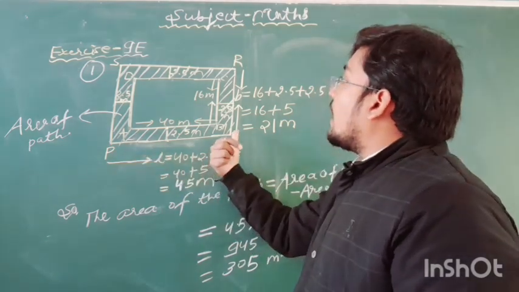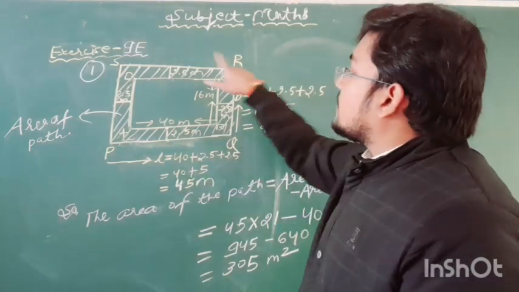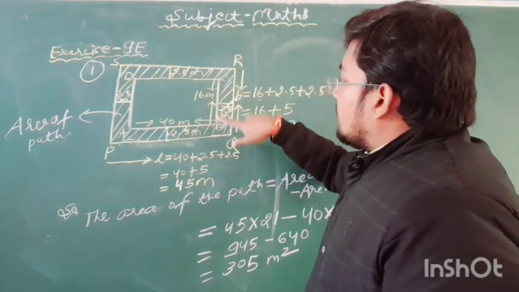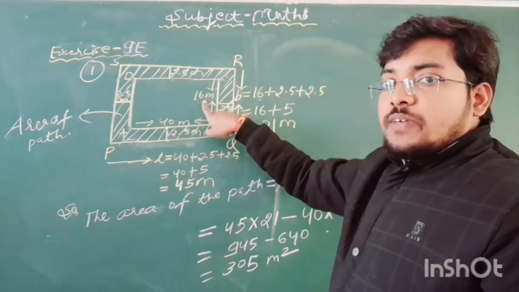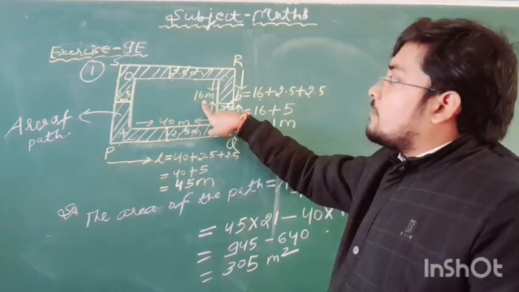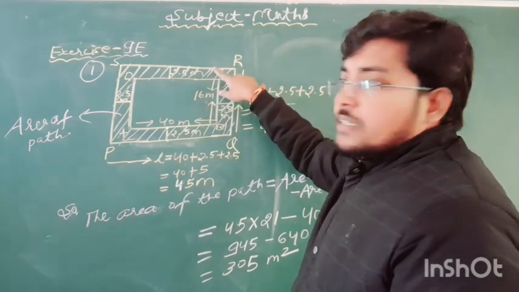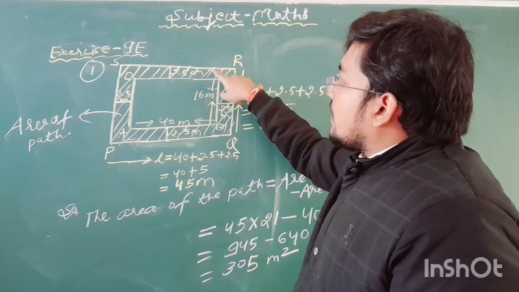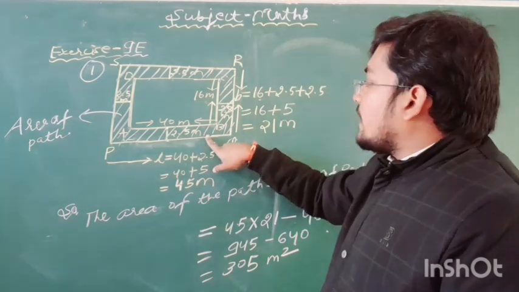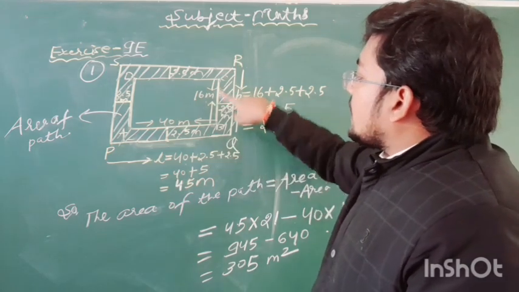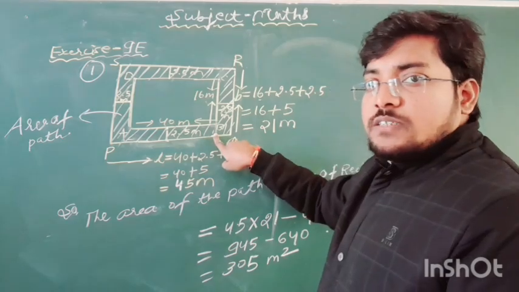That is the length of the rectangle PQRS. Now the breadth of rectangle PQRS. The breadth of the smaller rectangle is 16 meters, to which we add the width of the path, which is 2.5 meters above the rectangle ABCD and 2.5 meters below it.